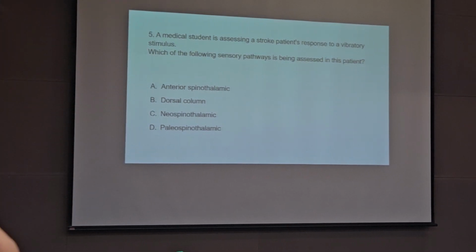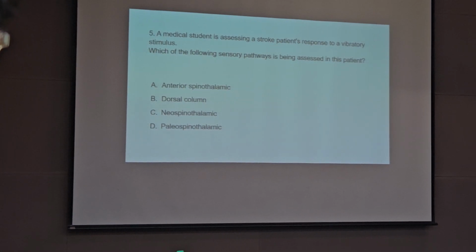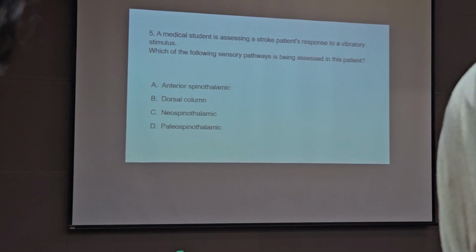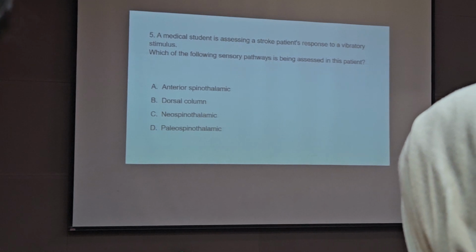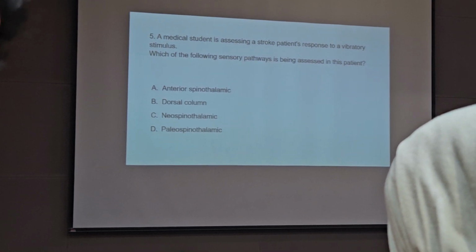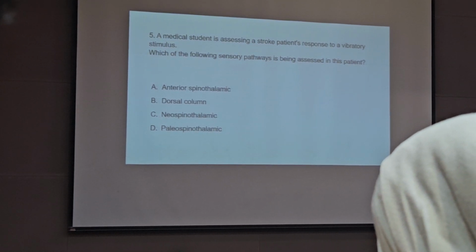If I put temperature, I will not give you C and D. I will give you something like lateral spinothalamic. How about sharp pain? Sharp pain is neo. Or I will specify that the student is suffering from stomach pain and cannot sleep the whole night. That is paleo spinothalamic.